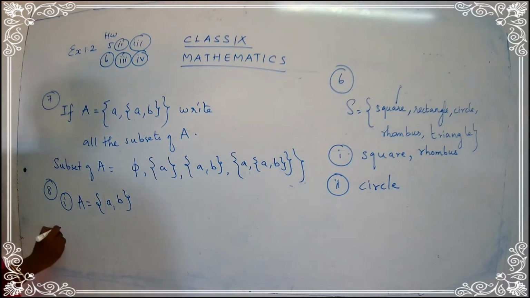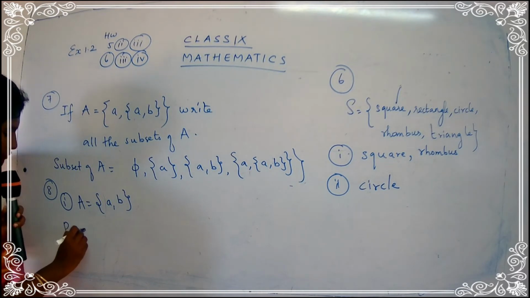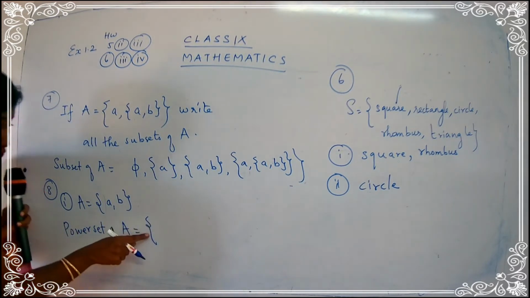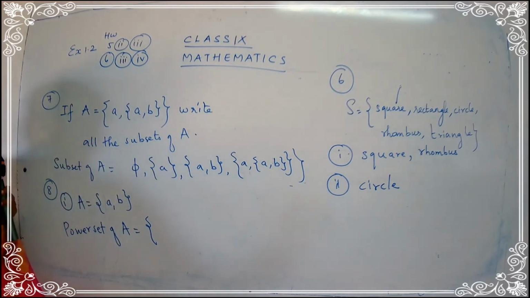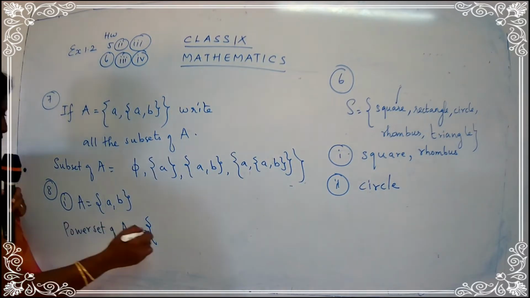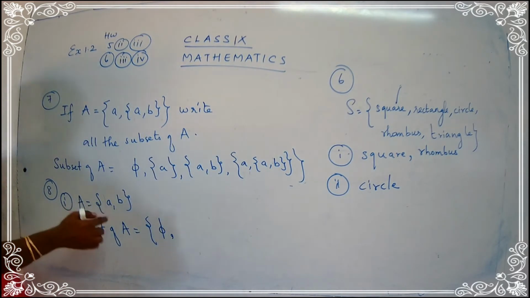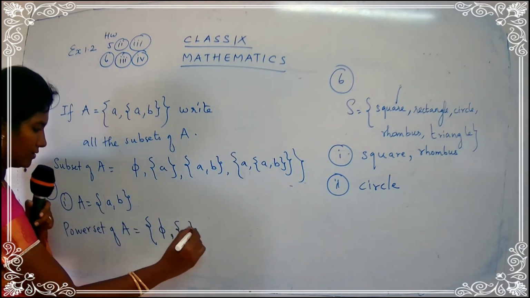Write down the power set. We are going to find the power set. Power set of A is equal to, use a bracket. Here, do not use a bracket. What is the first thing you are going to write down always? Empty. Good. Write empty. Done. Next, what is the first element? A. Put A in bracket.